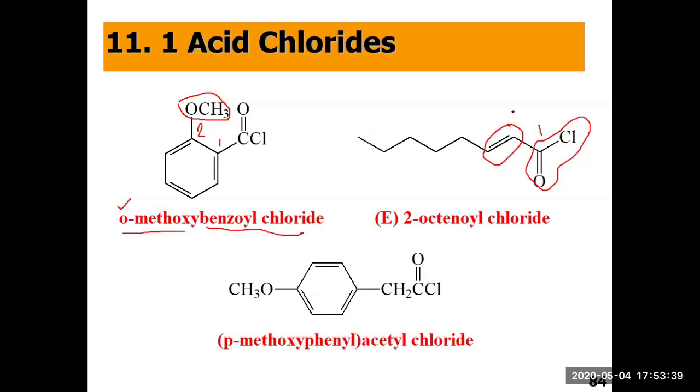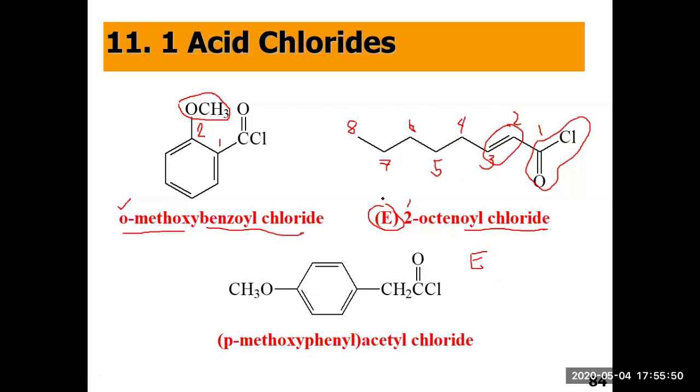So this is now at carbon 2, this is at carbon 3, carbon 4, carbon 5, carbon 6, carbon 7, and carbon 8. So the name for this molecule is now 2-octenoyl chloride. We have to indicate the position of the double bond, and that's at carbon number 2.